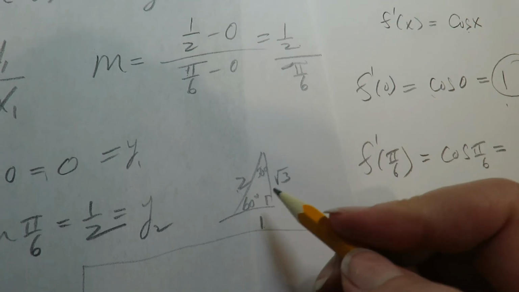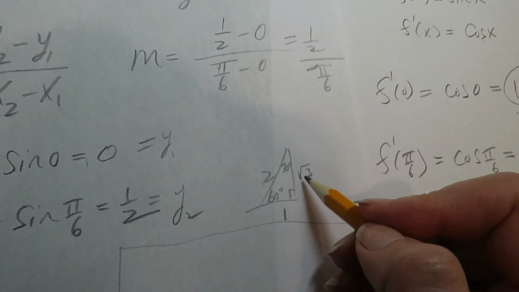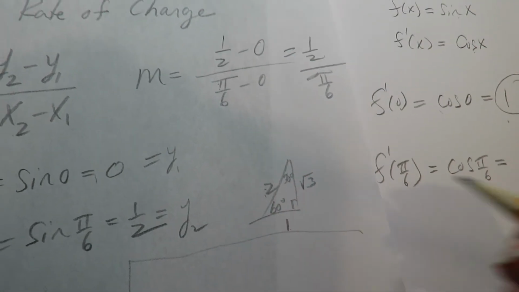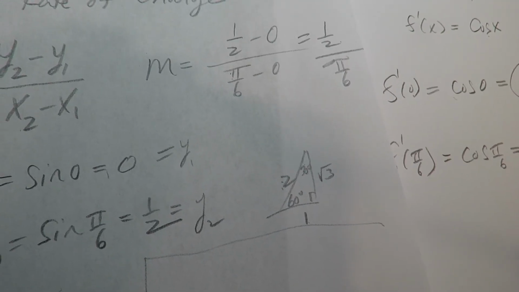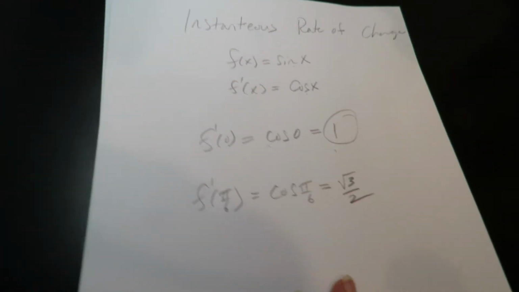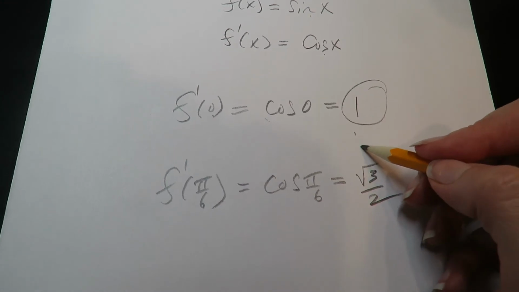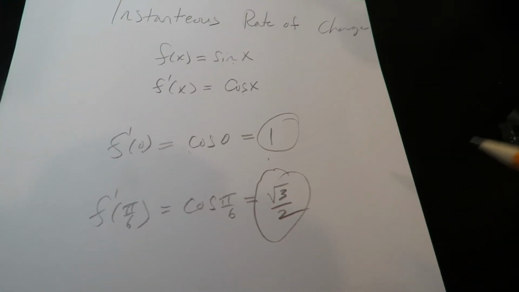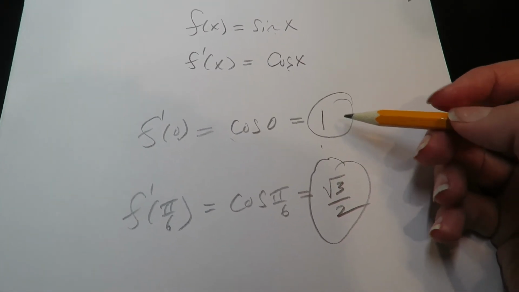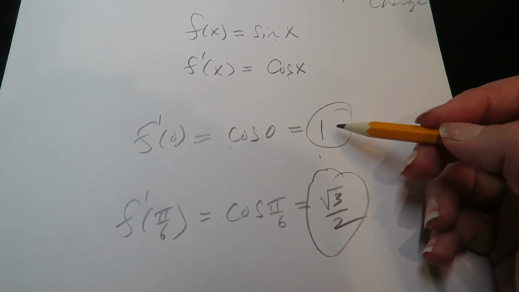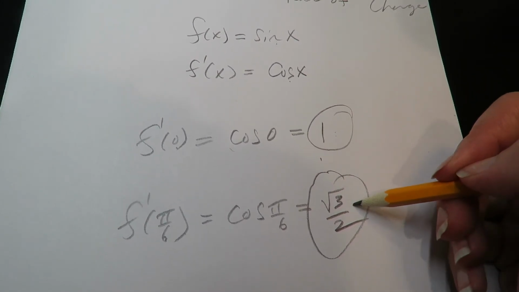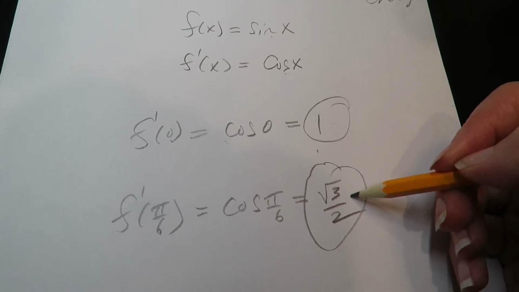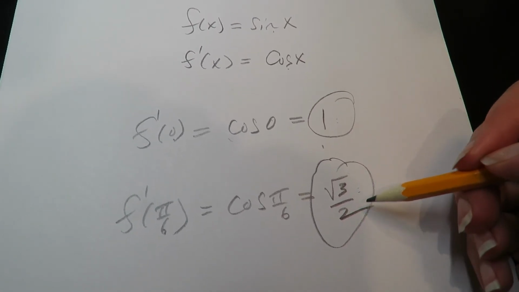So cosine of pi over 6, so it's cosine of 30 degrees, is the radical 3 over 2. Okay, so these are the rates that it's starting at a 1 and then it's going to a radical 3 over 2. My brain is saying that's 1.7 over 2.